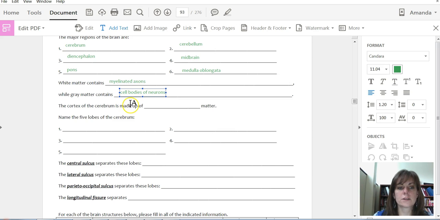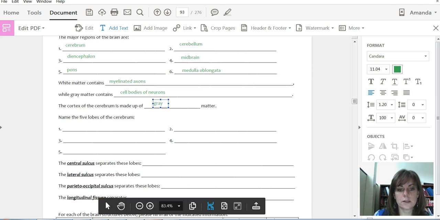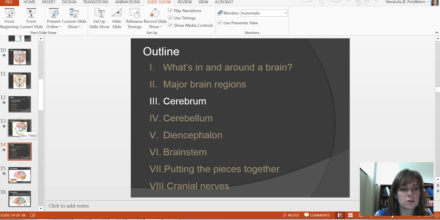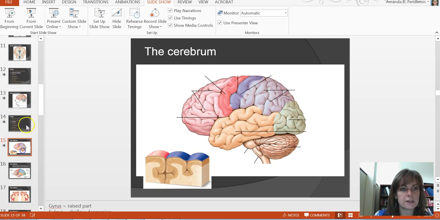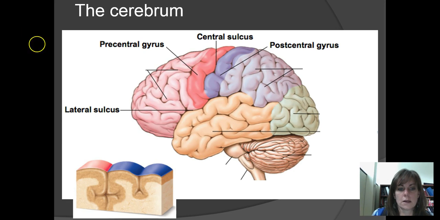Okay, so the cortex of the cerebrum, which is going to be the outside of the cerebrum, is going to be made up of gray matter. And to go here to a PowerPoint slide, what we've done here is that we have taken a little chunk of the cerebrum.